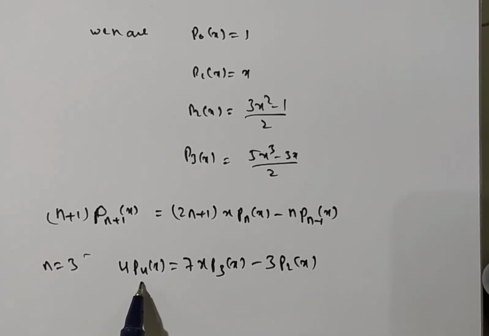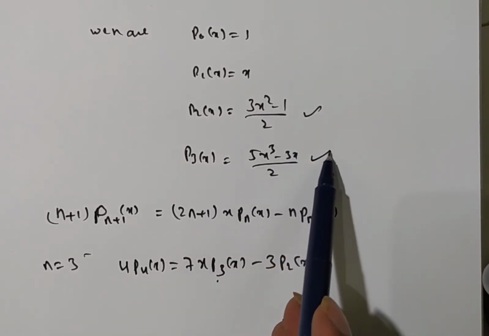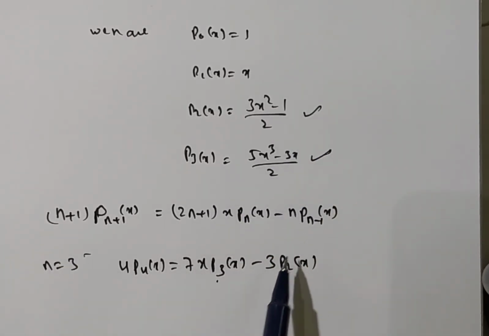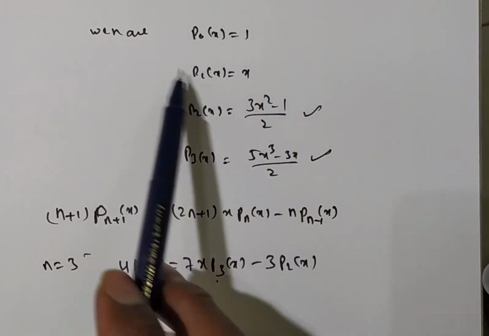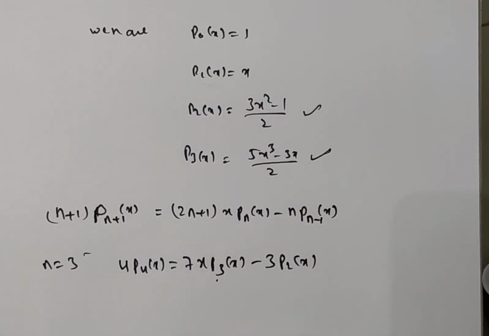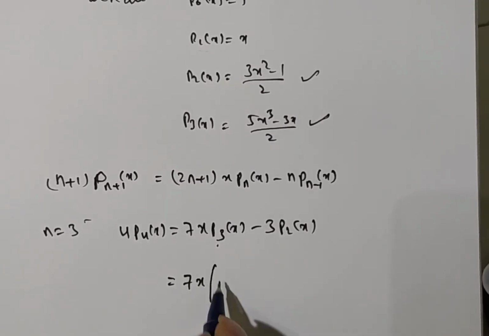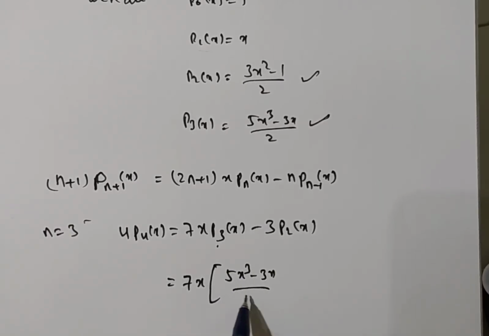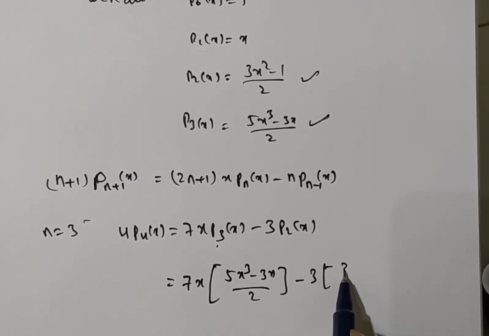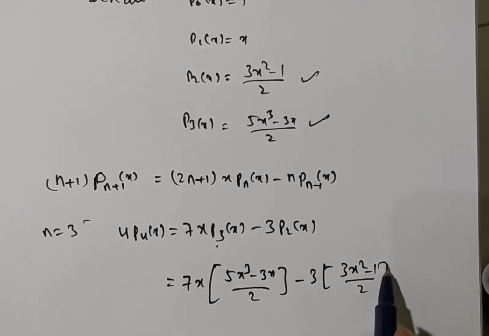To get P4 of x we need P3 of x and P2 of x, which we already found using this recurrence relation with the help of P0 and P1. Now, 7x into P3 of x, which is (5x³ − 3x)/2, minus 3 times P2 of x, which is (3x² − 1)/2.